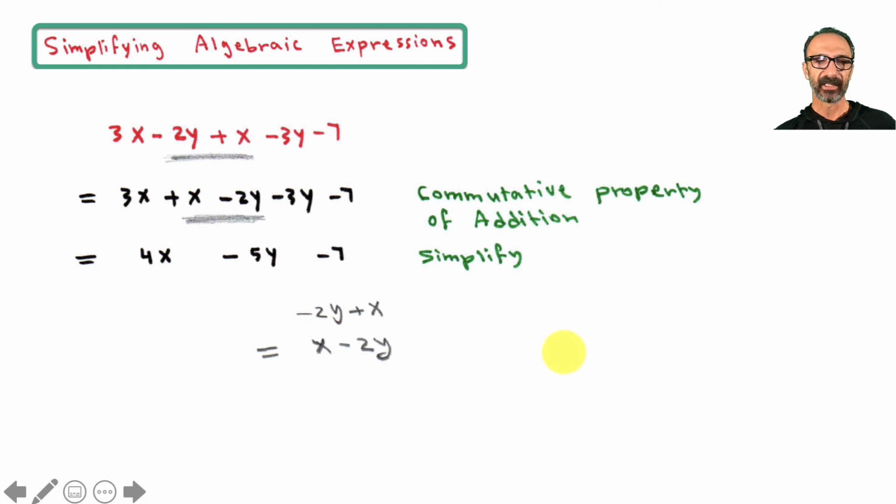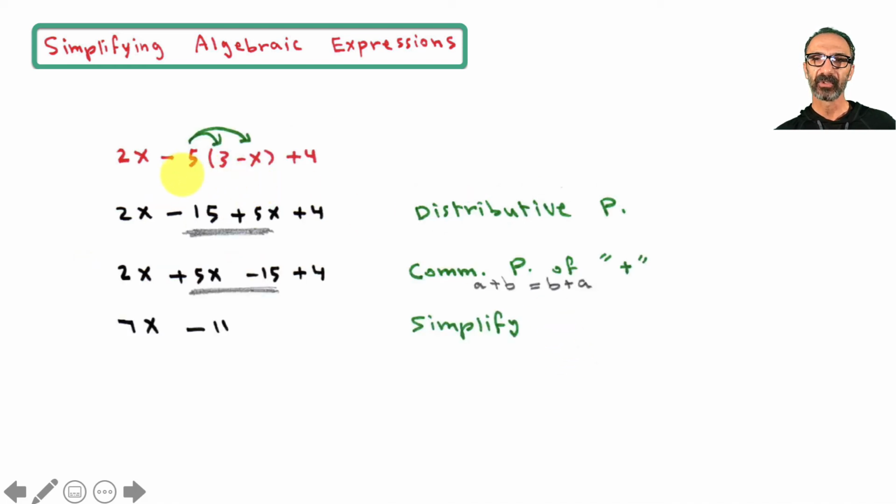Here's another example. This time we're using the distributive property. Multiply 5 times and 5 times. Don't forget the minus sign, because let's take away this whole thing. So the best way is to go in with the minus 5, not the 5. Negative 5 times 3 is negative 15. Negative 5 times negative x, that's positive 5x.